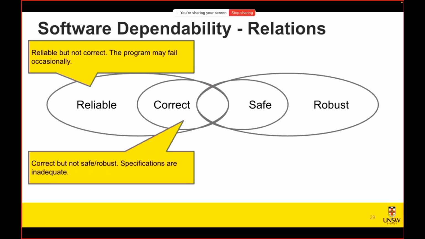And if it is correct but it is not safe, it means that the specifications are not so good, right? The specifications may have omitted some scenarios which are not desired.